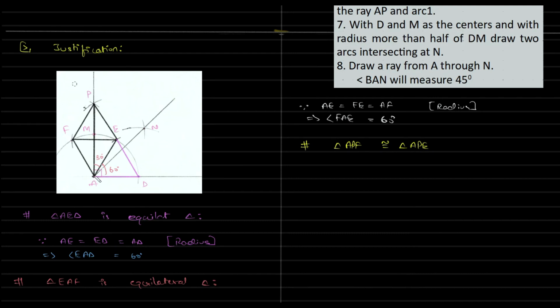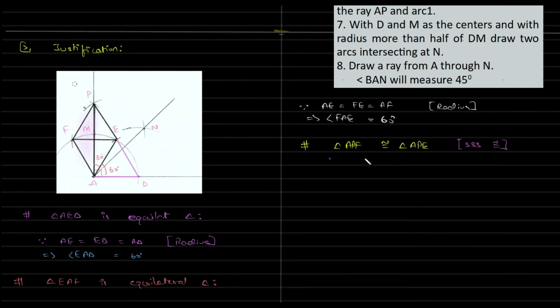Look at where APF is. So that's your APF. Now the other one is your APE. They're congruent because of SSS congruency.